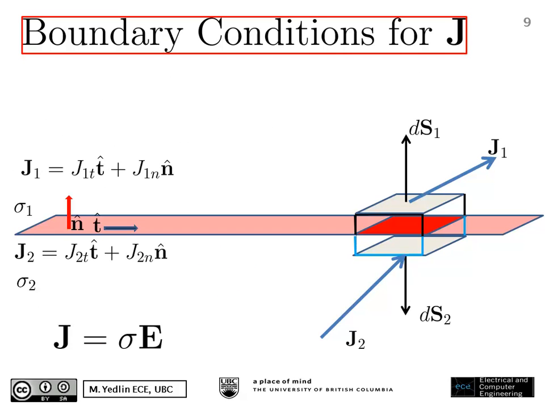One last point I'd like to make in our discussion of the current density J are the boundary conditions for J. I think you can guess what that might be. We did this for D. D was epsilon E. Now we have J equals sigma E. By looking at the figure, can we guess what the boundary conditions for J should be when we cross an interface?